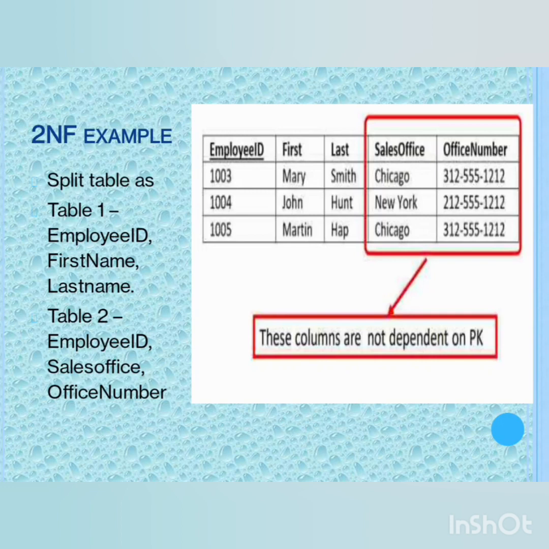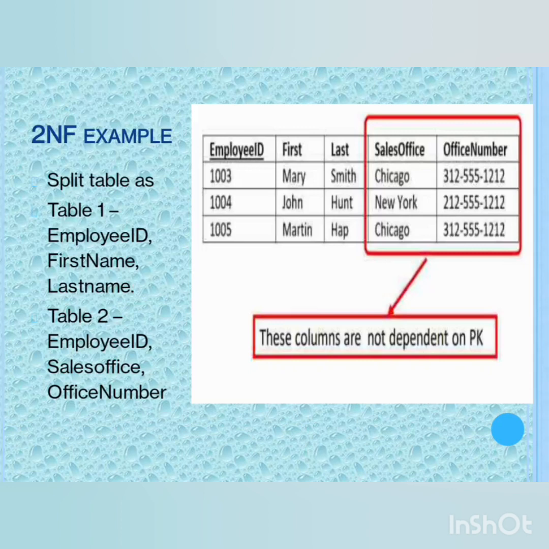Now this first name and last name definitely rely on what is called the primary key. So if the primary key is 1003, it is understood that Mary Smith is that particular employee. Now, what about the sales office and office number?